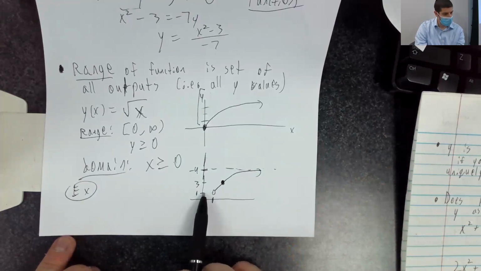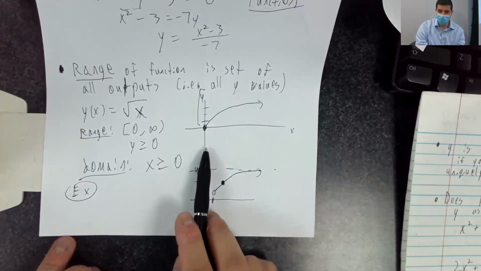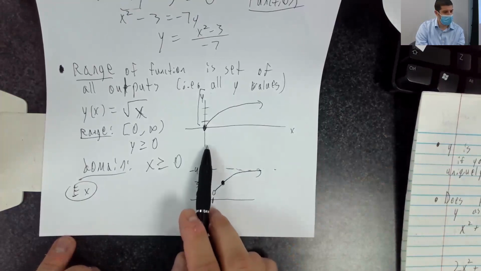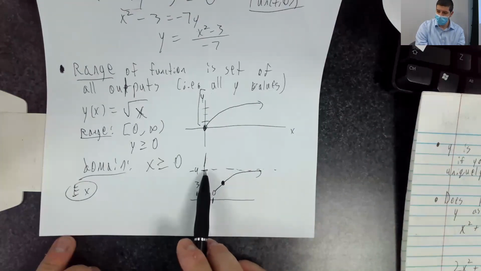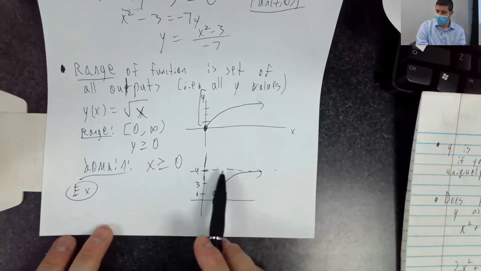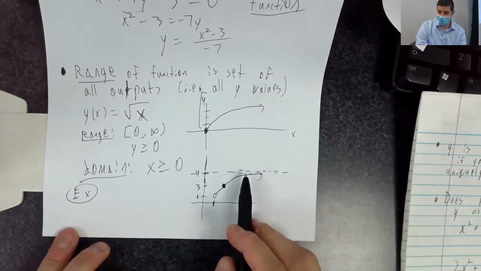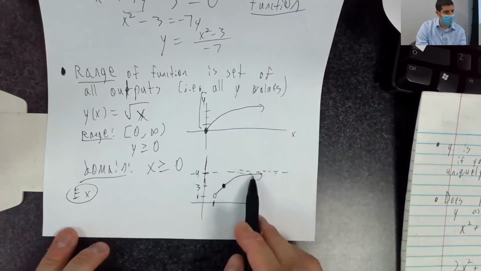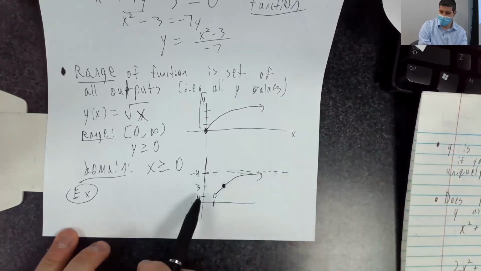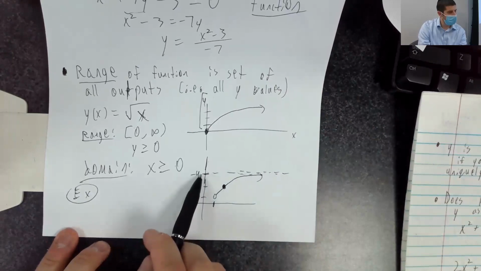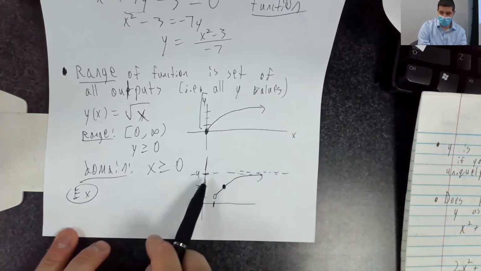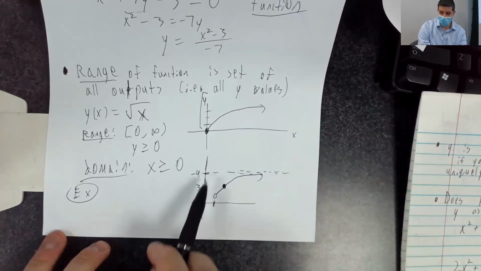So 1 is not taken. But what about numbers like 2 and 3? Are they taken on by the function? What about numbers like 5 and 6? Did the function ever reach 5 and 6? Does it reach 4? My drawing is awful, so it's a little ambiguous. I'm trying to draw what's called an asymptote, where it doesn't actually reach the value, it just gets close to it. But basically the numbers in between 1 and 4, not including 1 or 4, are part of the range.